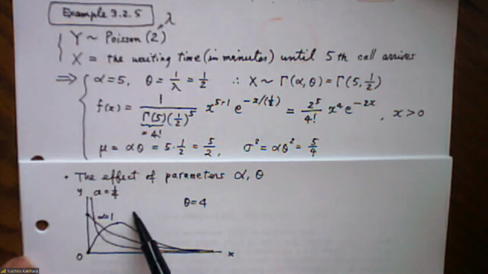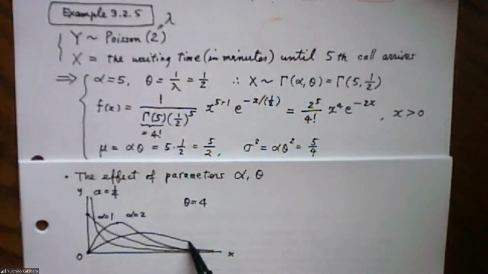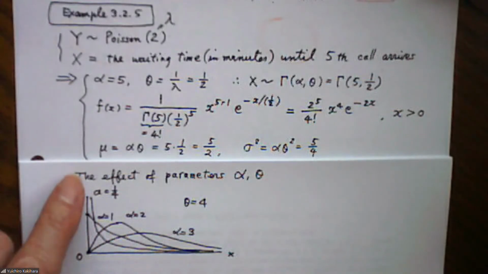Alpha is equal to 2, then this is the graph. And then alpha is equal to 3, then something like this. This is the effect. If alpha is smaller than 1, the graph approaches infinity when x goes to 0.